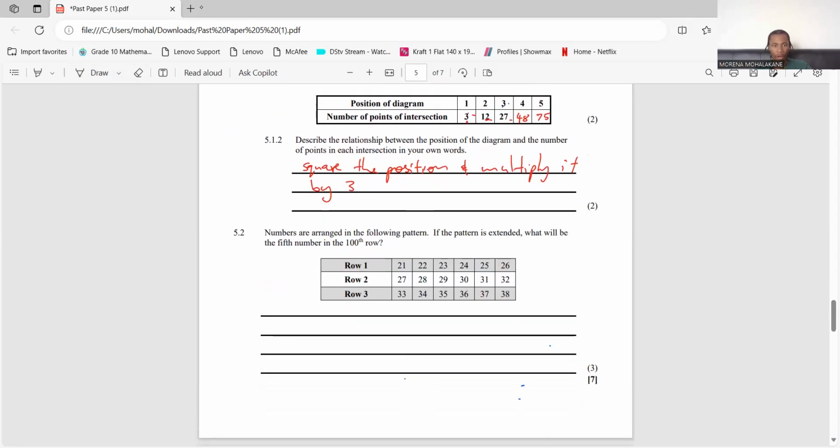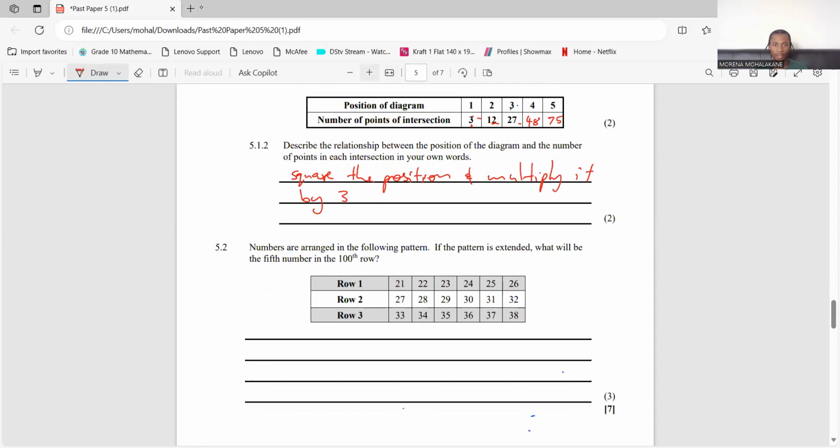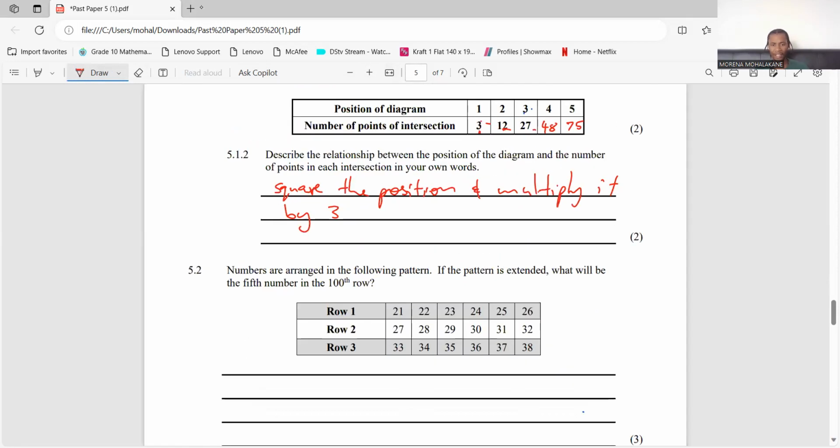And then the numbers are arranged in the following pattern. If the pattern is extended, what will be the fifth number in the 100th row? Okay, we're looking for the 100th row. The number pattern is extended.